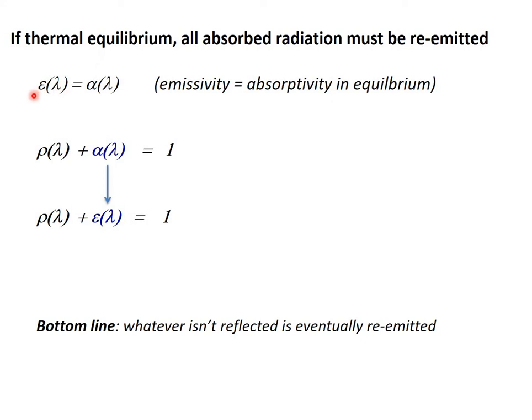Okay, so thermal equilibrium means emissivity must be equaling absorptivity. So then we'll go back to this equation we just derived, and we'll just plug in emissivity for absorptivity here, right? So we got rid of the absorptivity. So now we're saying there's a balance between reflectivity plus emissivity must equal 1, okay? Another way to say this is whatever energy isn't reflected immediately must eventually be re-emitted. If it goes into the rock, it's got to come out.